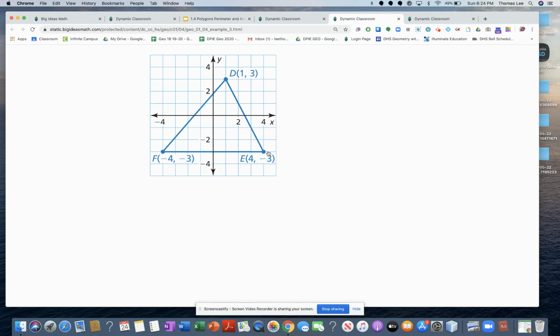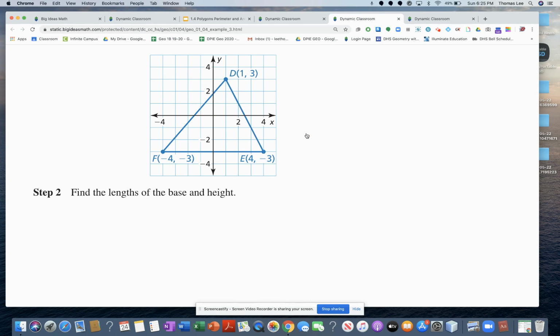You must label each point just like this for full credit. If you just put D, E, and F, I will not give you full credit, okay? I insist that you actually put what the coordinates are there, and you'll get full credit, okay?